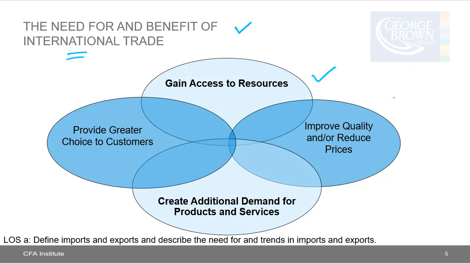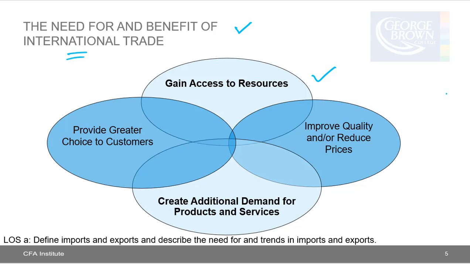So a common reason why a country wants to trade is to gain access to resources for which there is no or insufficient supply domestically. For example, Japanese manufacturers need access to commodities such as metals and minerals, machinery and equipment, and fuel to be able to produce automobiles and consumer electronics that they then export to the rest of the world.